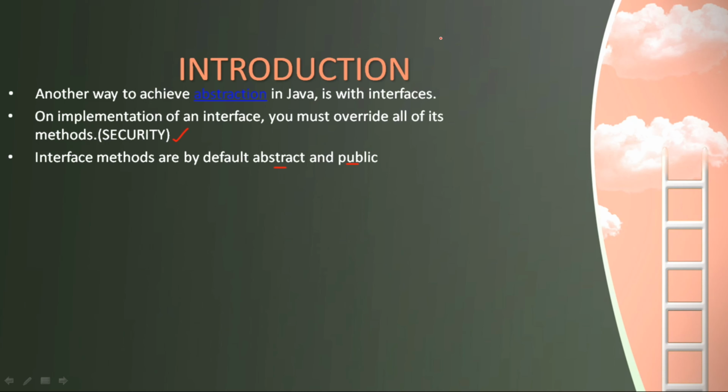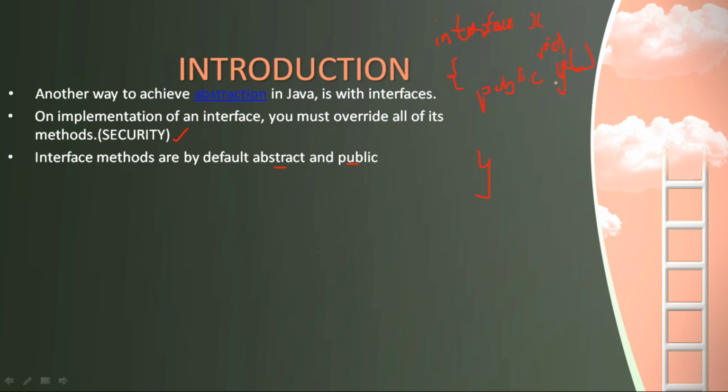So for example, I am creating an interface X. The data present in this interface are the abstract methods. In this interface I am declaring some methods, public void y.